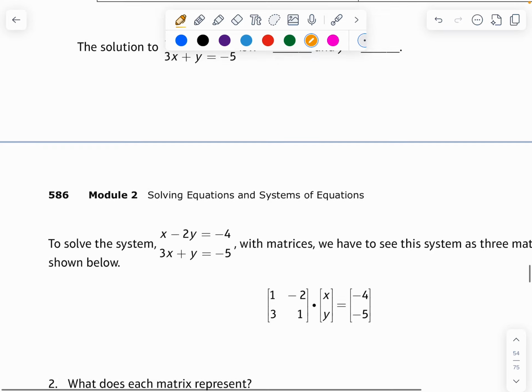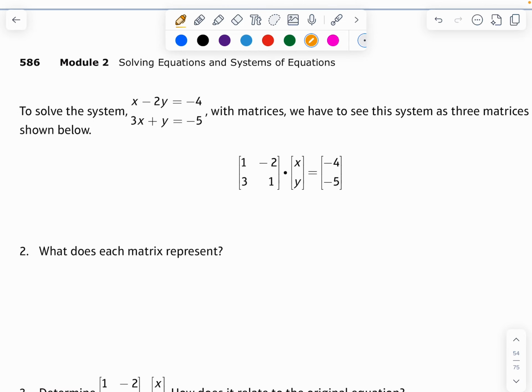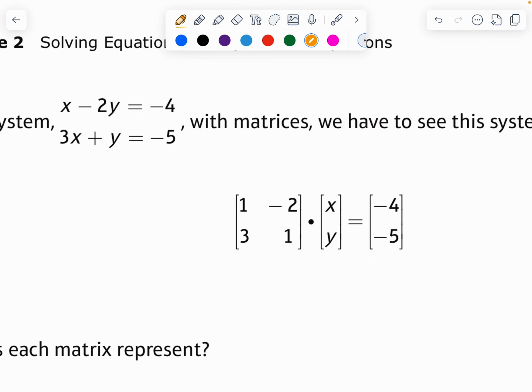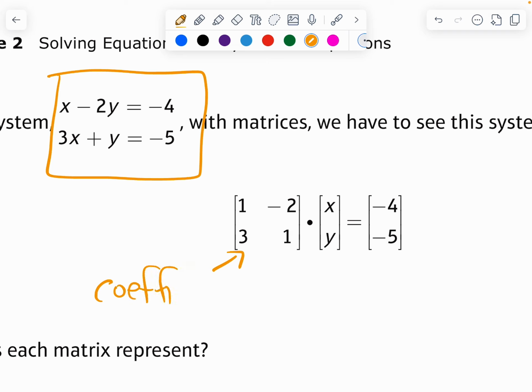So we're now going to take that same system of equations right here, and we are going to solve it. So here is our system. The first matrix is called the coefficient matrix.